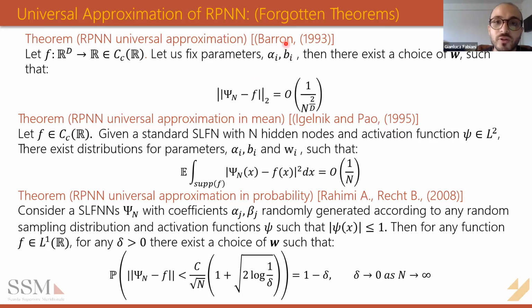This was first proven by Barron in 1993, and then again proved, but in mean with a better convergence, by Igelnik and Pao. And then also again, Rahimi and Recht proved that we have universal approximation in probability, with high probability and with a convergence of 1 over square root of n.